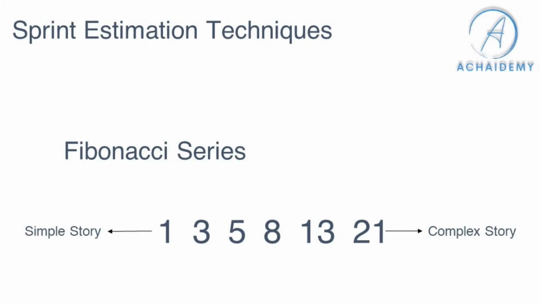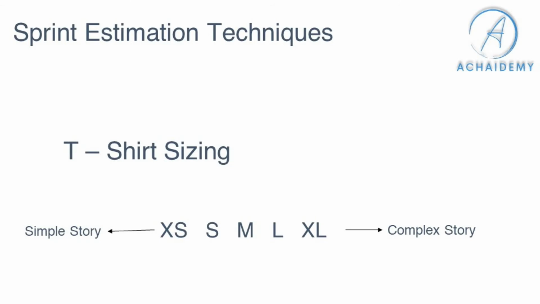The other technique that we use is called T-shirt sizing. T-shirt sizes start from extra small, small, medium, large, and XL. Just like the Fibonacci series, a simple story will be assigned an XS, and a very complex one might be an XL, and something in between might be small or medium.